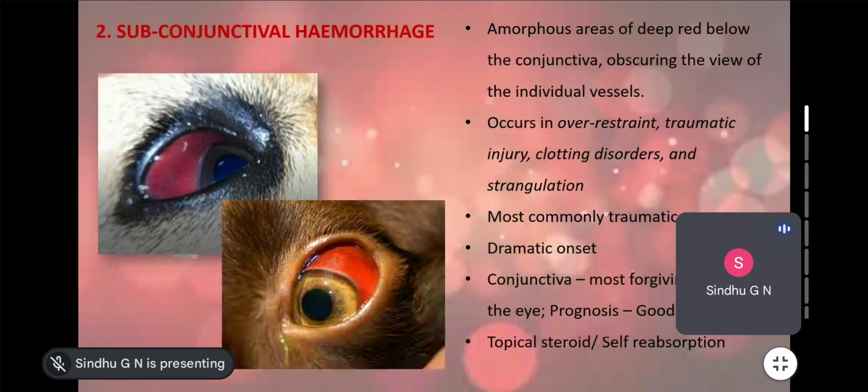So they will have a dramatic onset, but most of the time they are self-reabsorbing, and the conjunctiva being the most forgiving part of the eye, it will resolve by itself even without any medication, but we can give topical steroids to make the recovery faster. It won't even be painful.